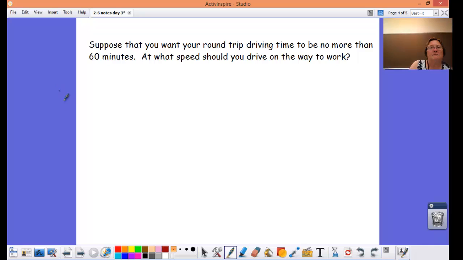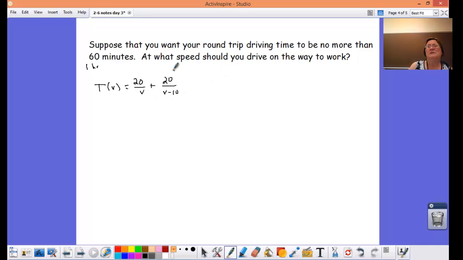I want to take that same thing, and now we're going to say, what if we wanted our round trip driving time to be no more than 60 minutes, which by the way is 1 hour? Our function said the total time was equal to 20 over whatever velocity we travel plus 20 miles home at 10 miles per hour slower.